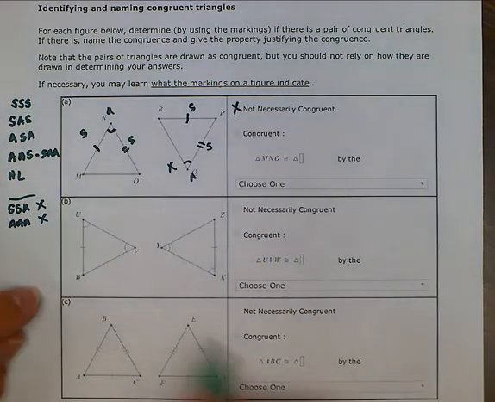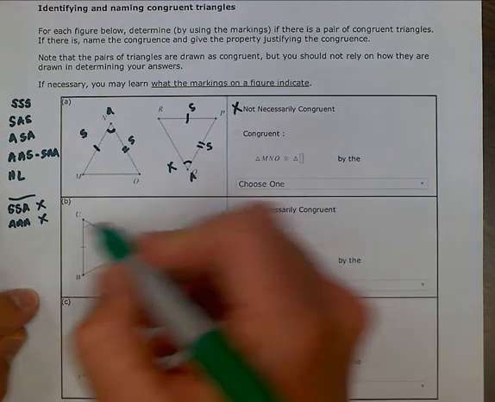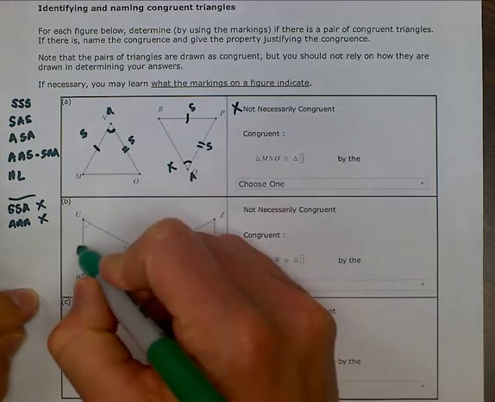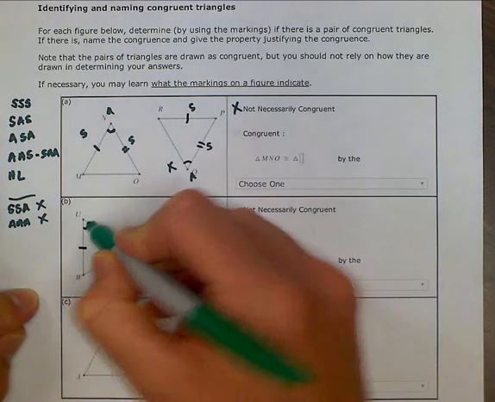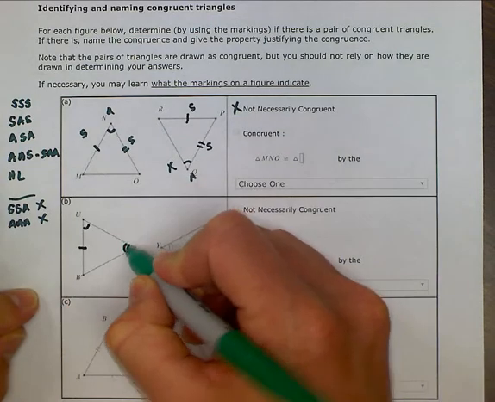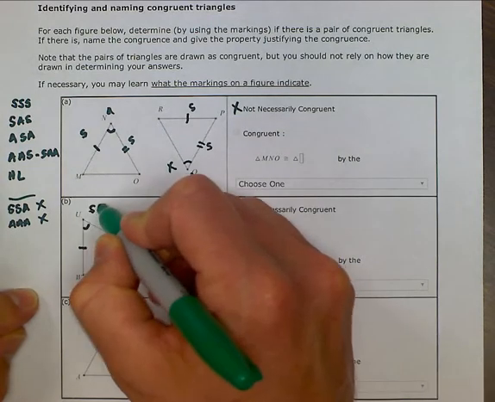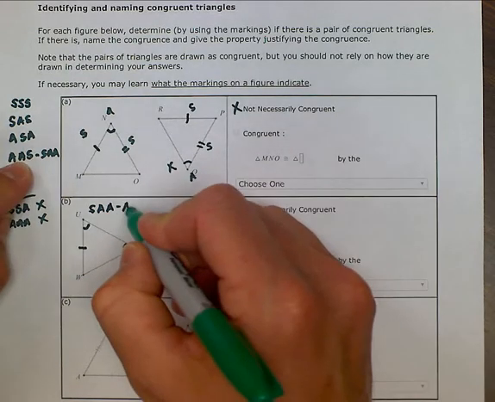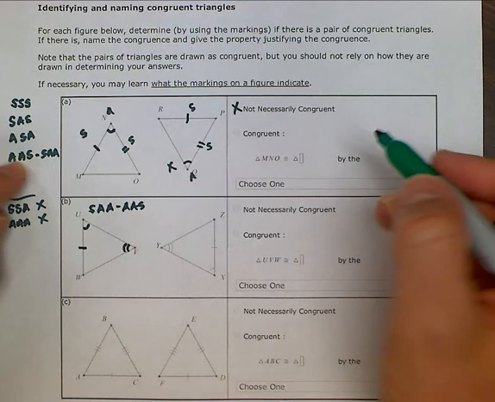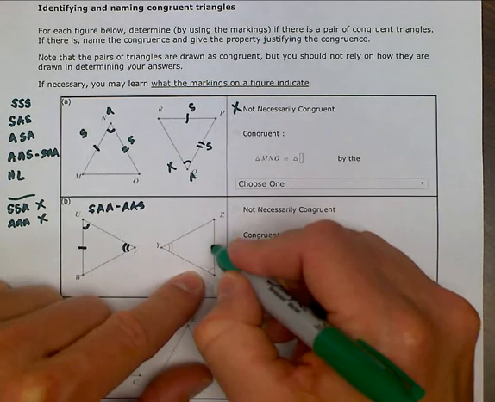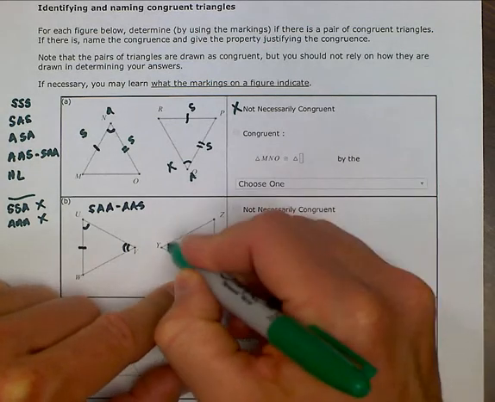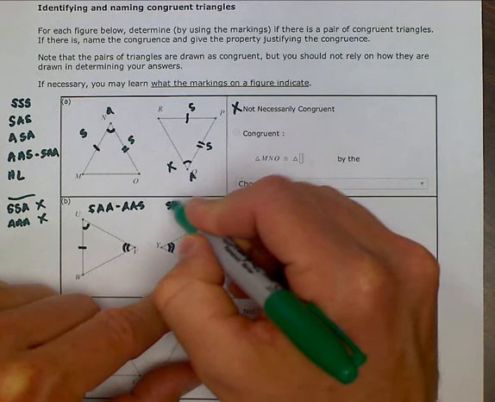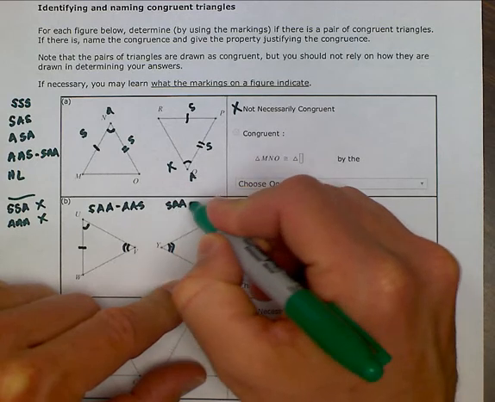If we're looking down here at B, we go ahead and start here. We have a side, we have an angle, and then we have a second angle. So here we have side, angle, angle, or we could rewrite it as angle, angle, side. And then over here we have side, angle, angle, or angle, angle, side.